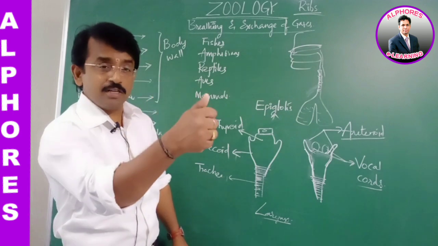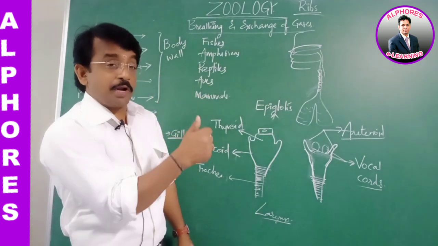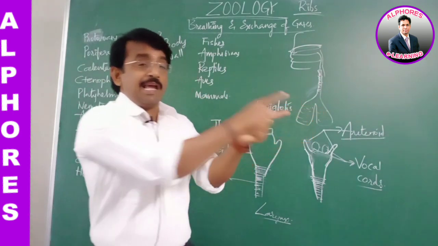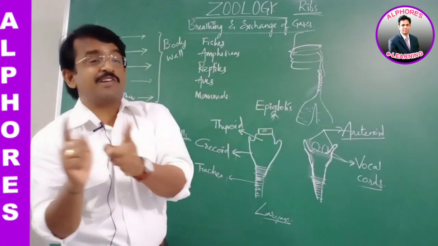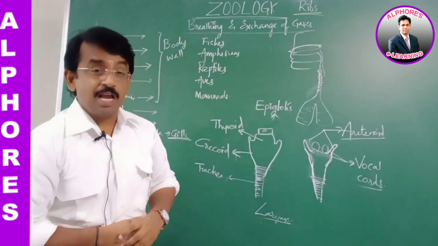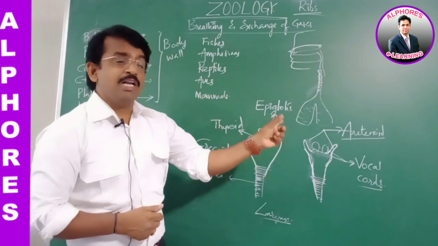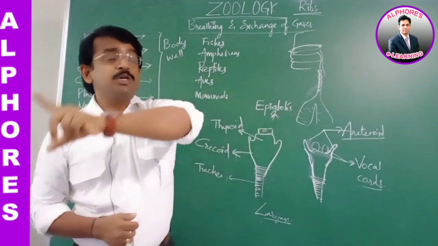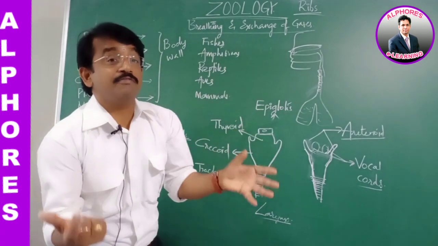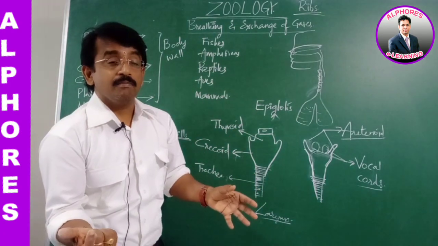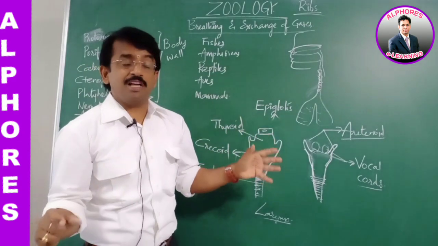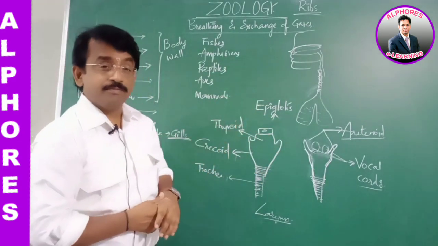That is the one reason. Second, among the tracheate animals, air diffuses directly into the tissues through the trachea, tracheal cells, and the tracheoles. Tracheoles directly bring the air into the tissues, so there is no need of a medium. So the circulatory system has nothing to do with respiration.